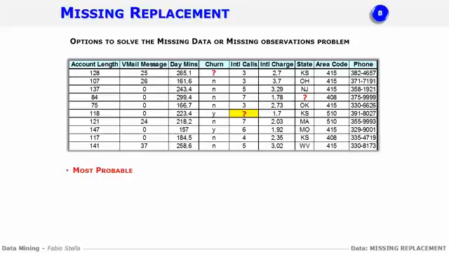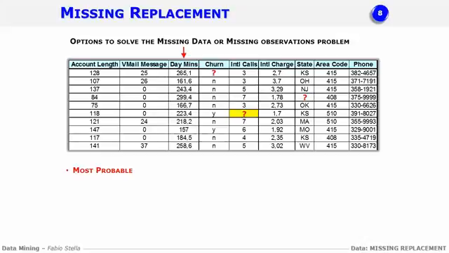The last option we present goes under the name of most probable replacement. To show how it works, we focus again our attention on the international calls attribute. To develop the most probable replacement option, we also make the assumption that the int calls attribute depends on the day mins attribute.